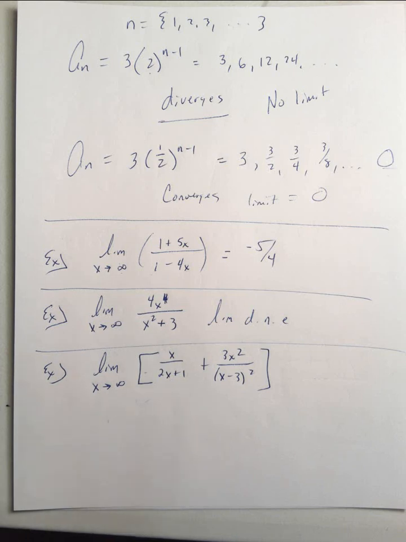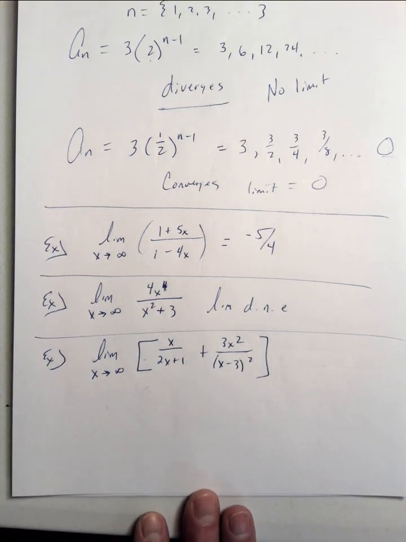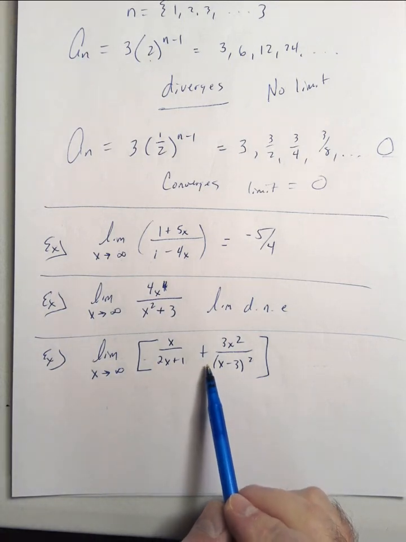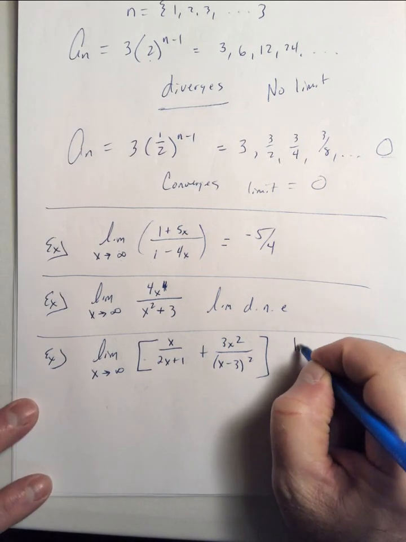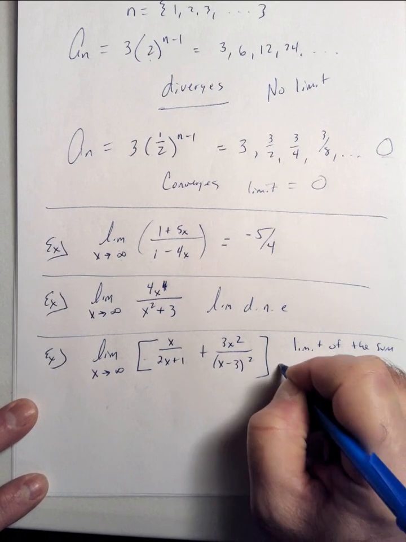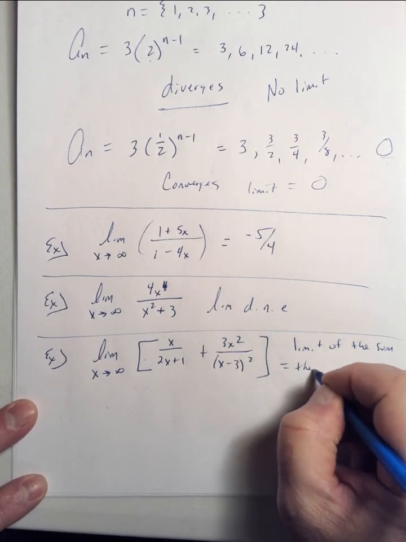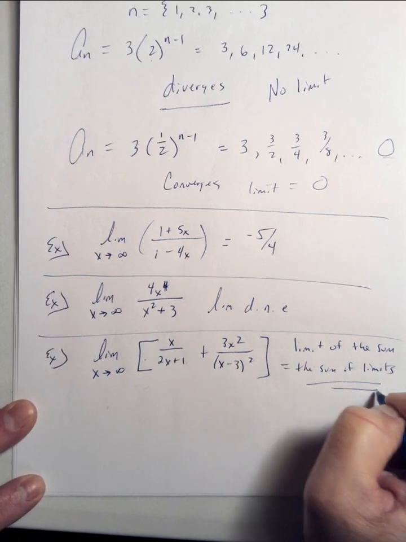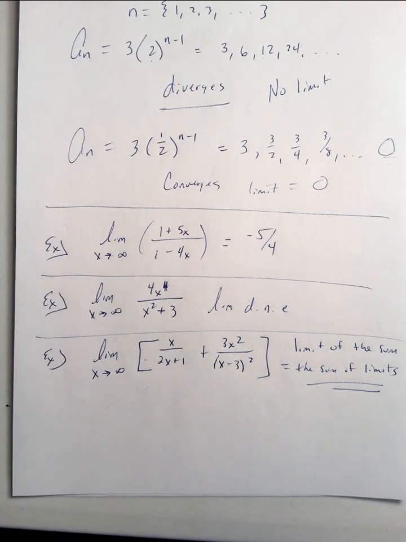And we talked about this property before when we were doing derivatives. We have a sum, right? So the limit of the sum, I'm going to write this down, the limit of the sum is equal to the sum of the limits.